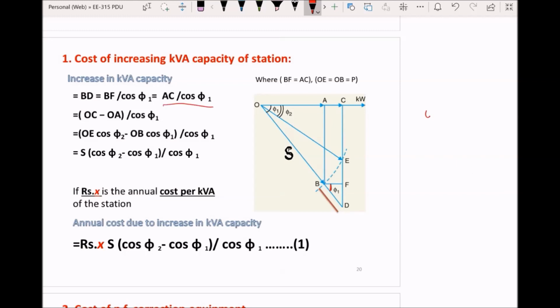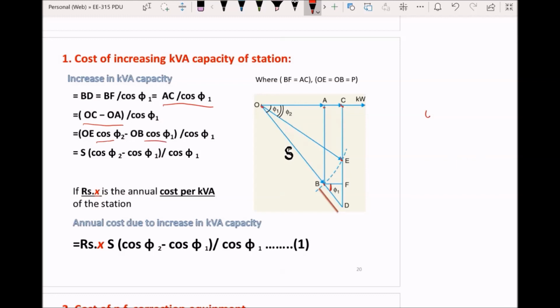Now this AC is equal to OC minus OA, which are also the x components of the triangles OEC and OBA. So OC and OA are the x components, which means it can be represented in the form of cosine.